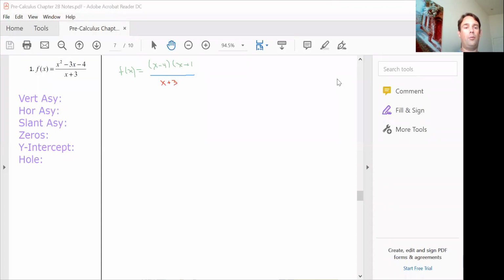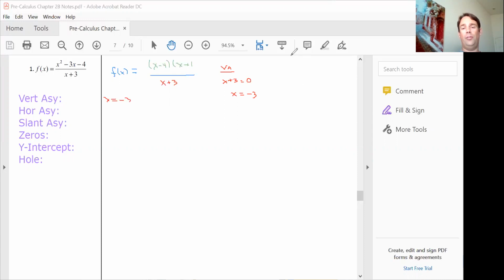I want to color coordinate this just a little bit to help ourselves out here. So we look at our factors. Do any of them cancel out? And we'd say no. So that means the vertical asymptote is going to exist when my denominator equals 0. So x plus 3 equals 0. That means x cannot be equal to negative 3. So I have a vertical asymptote at x equals negative 3.